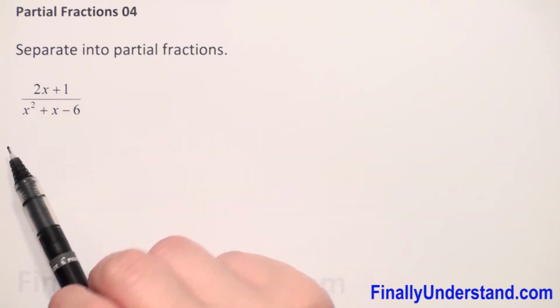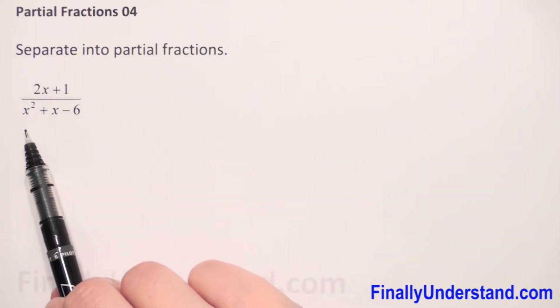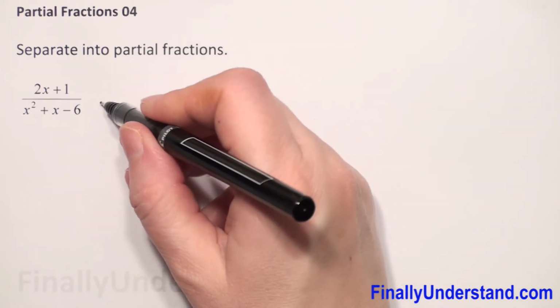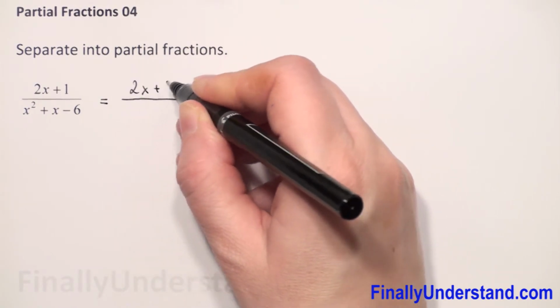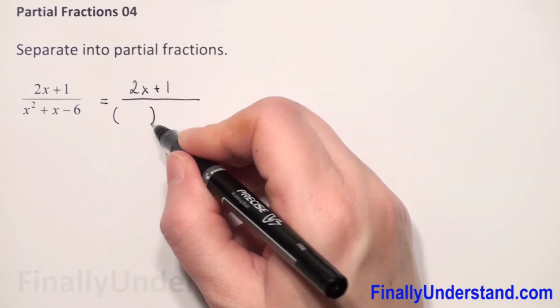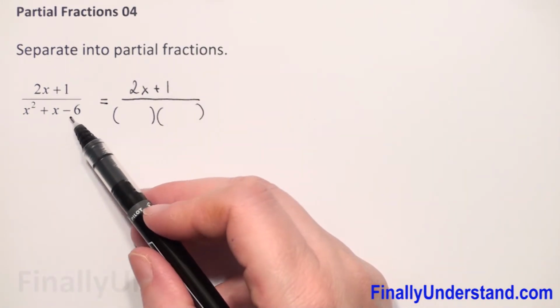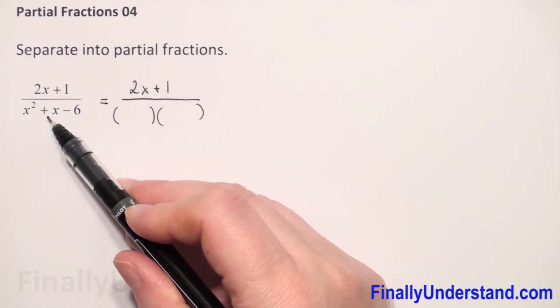Next step, we have to factorize our denominator. In this example, we have a quadratic function. So first, let me copy the denominator. We need to find two numbers which, when I multiply them, I will have -6, and when I add these two numbers, I will have the coefficient before x.